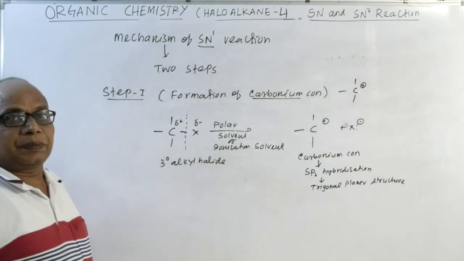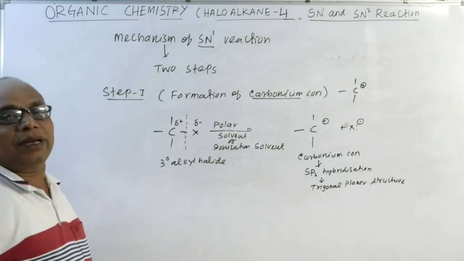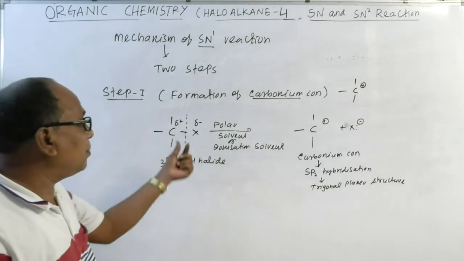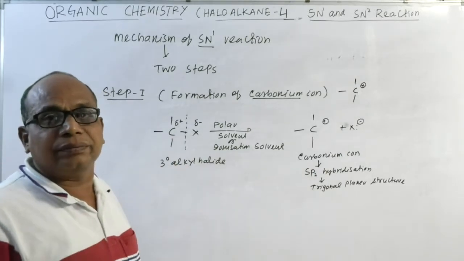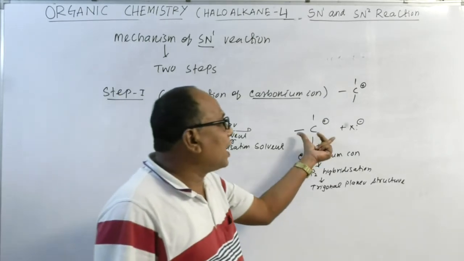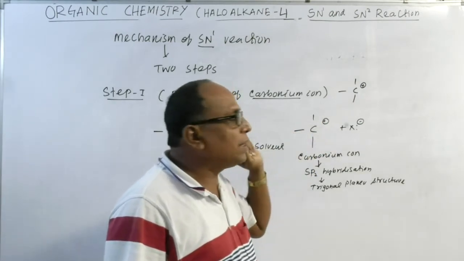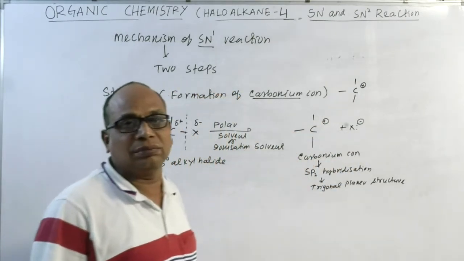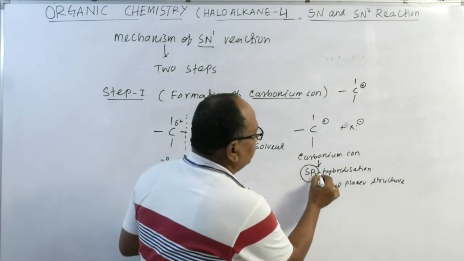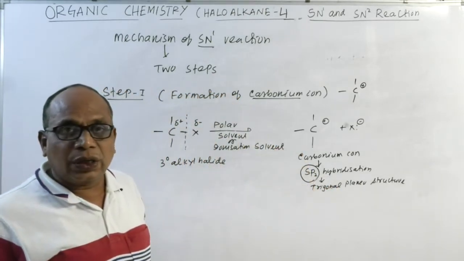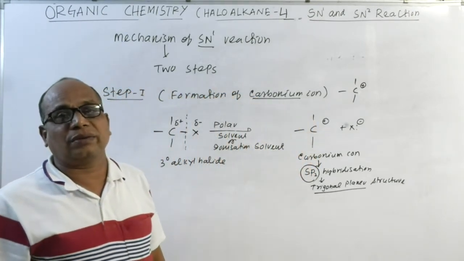That means in the SN1 reaction, the carbon halogen bond of the tertiary alkyl halide molecule breaks heterolytically, unsymmetrically, to form a carbonium ion in which the carbon atom carries a positive charge, and the halide ion. This carbonium ion is in the state of sp2 hybridization. Due to the sp2 hybridization, it has a trigonal planar structure.